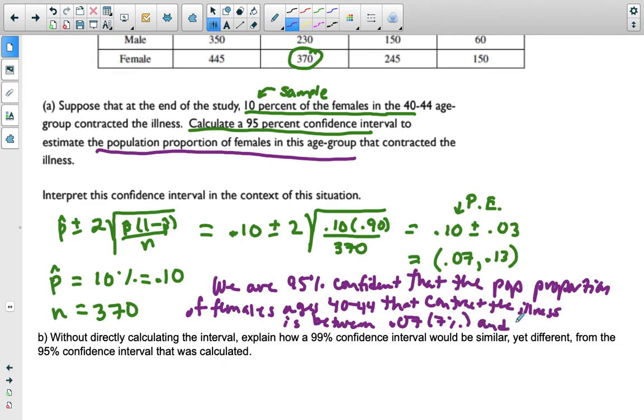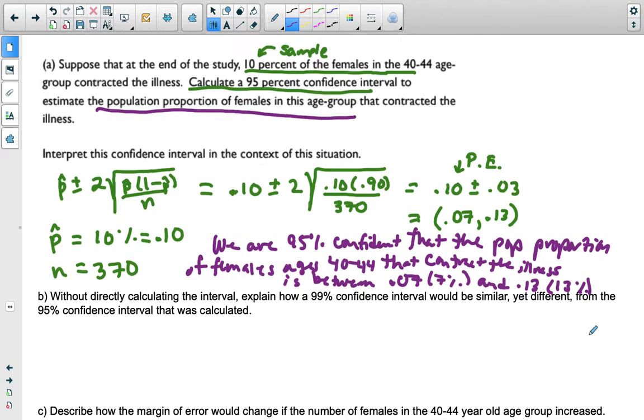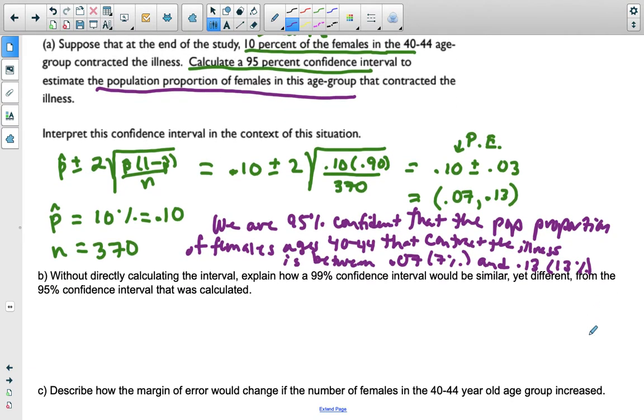And 0.13, which is 13%. So we are 95% confident that of all of the females in this 40 to 44 age group, between 7 and 13% of them actually contract the illness.